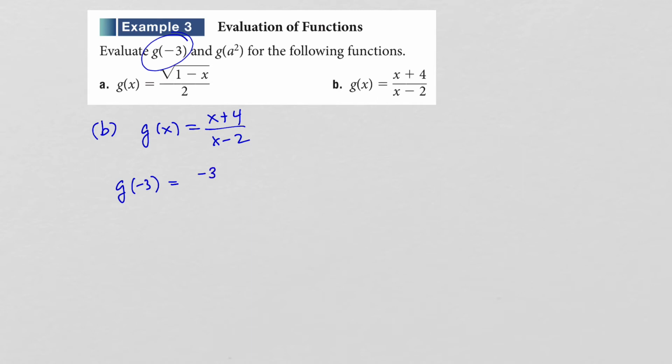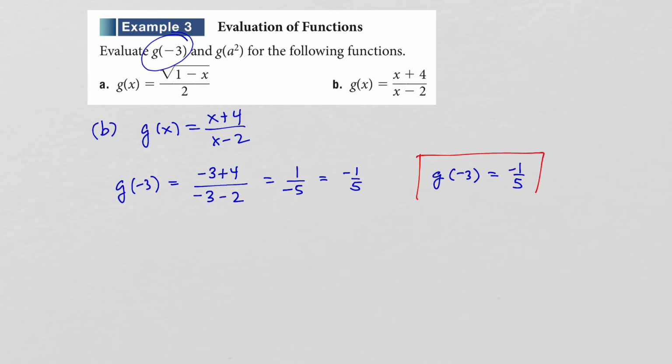So that's negative 3 plus 4 divided by negative 3 minus 2. Negative 3 plus 4 is 1. Negative 3 minus 2 is negative 5. And 1 divided by negative 5, we're going to change that to negative 1/5. So g of negative 3 is negative 1/5.